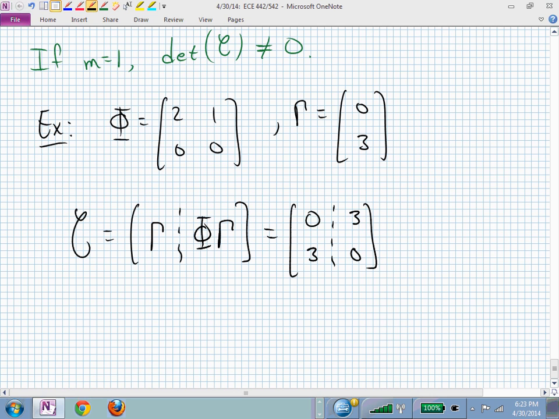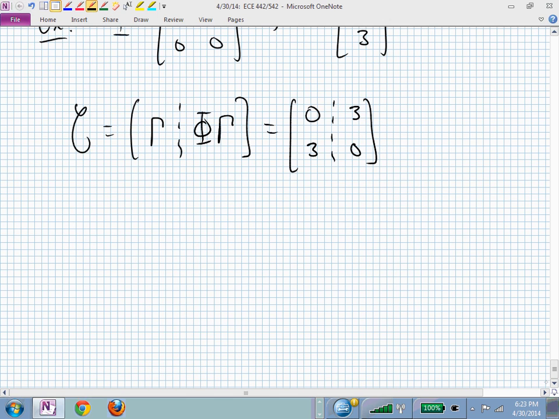What is the determinant of C? If you did that, you said, well, I don't think he's going to believe me when I say that's full rank, so I'm going to just compute the determinant. It's the product of the diagonals, which is 0, minus the product of the off diagonals, and that's not equal to 0, is it?